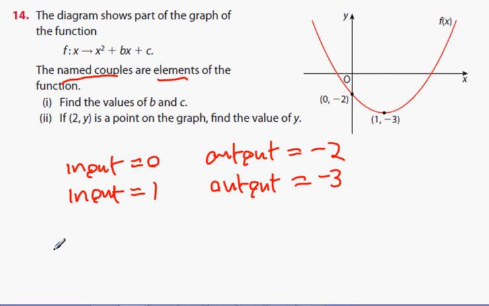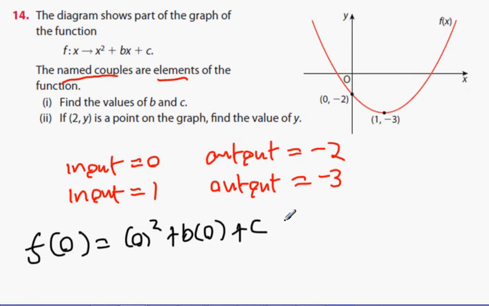Okay, let's do input of 0. How do you do input of 0? f of 0 equals 0 squared plus b times 0 plus c. And when the input is 0, the output is minus 2. Therefore, c has to equal minus 2.